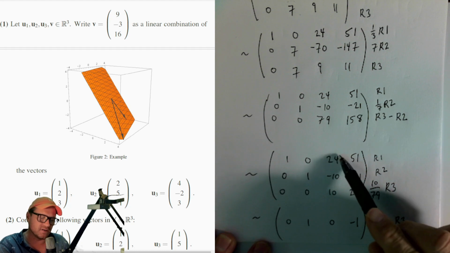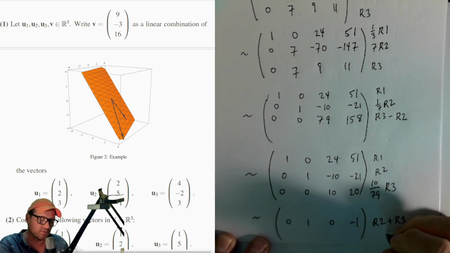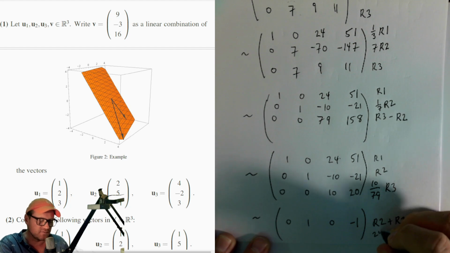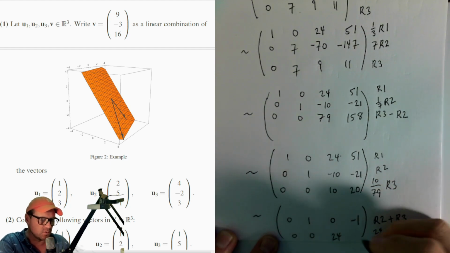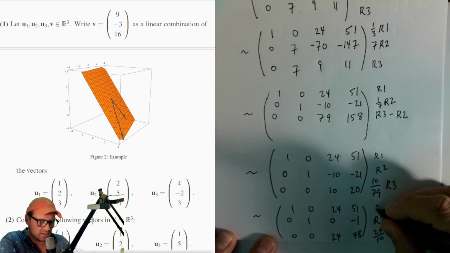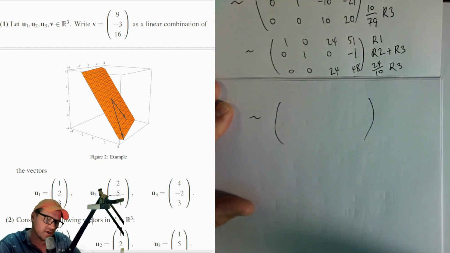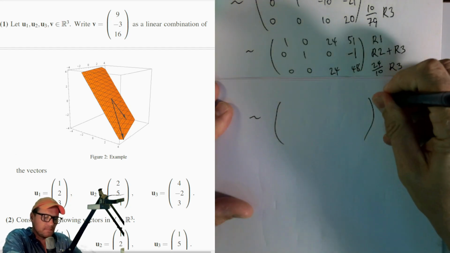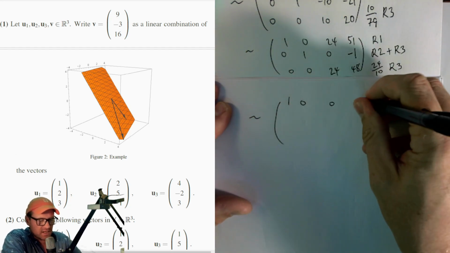Now, in preparation to deal with this 24 here, let's multiply row 3 by 24 over 10. So we have 0, 0, 24, and 48. And we'll leave row 1 alone for now. So replacing row 1 now with row 1 minus row 3, we have 1, 0, 0. 51 minus 48 is 3.